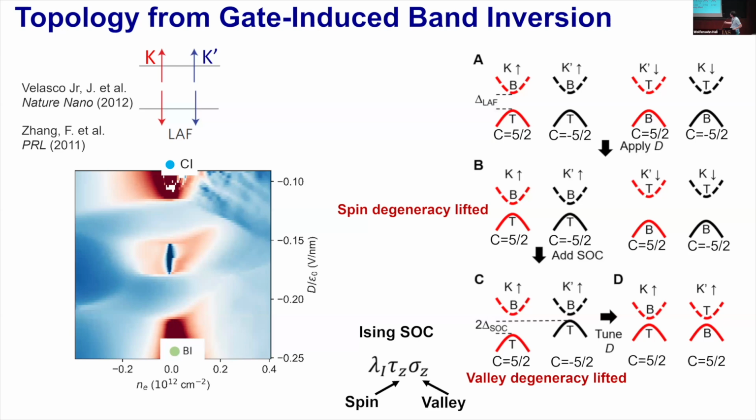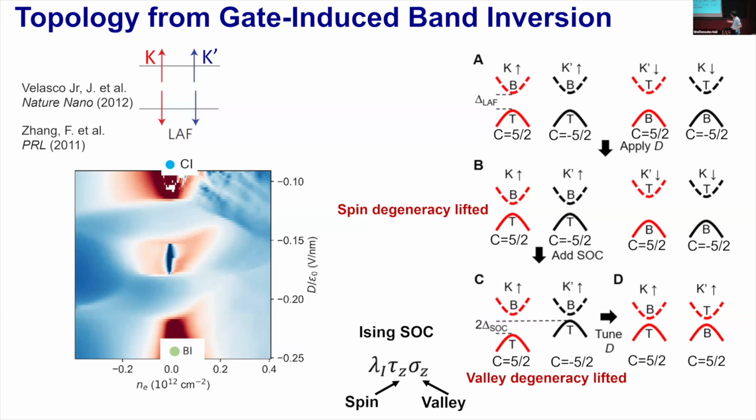And that is a moment where we need the spin orbit coupling from the neighboring WSe2 layer, which will break the K and the K prime degeneracy corresponding to the same spin through this Ising form of spin orbit coupling. As a result, we can make the band gap different for K and K prime of the same spin, and we just massage the displacement field a little bit.